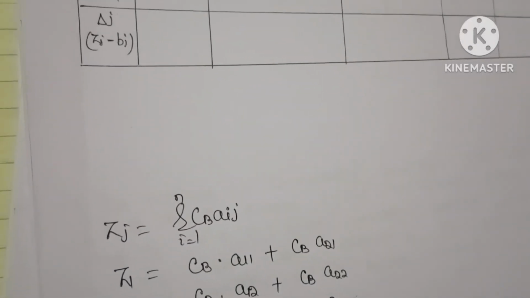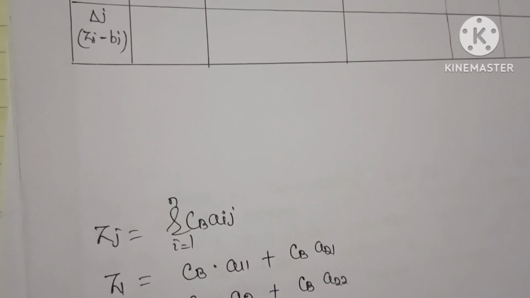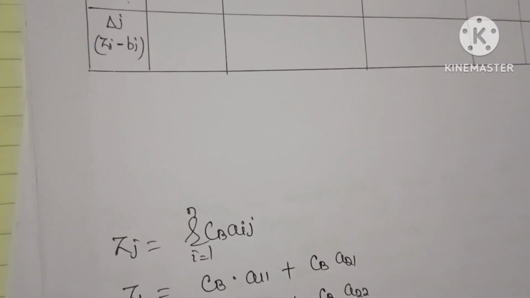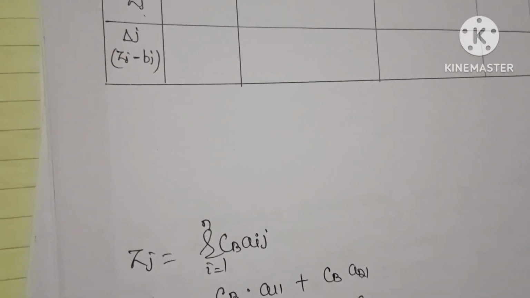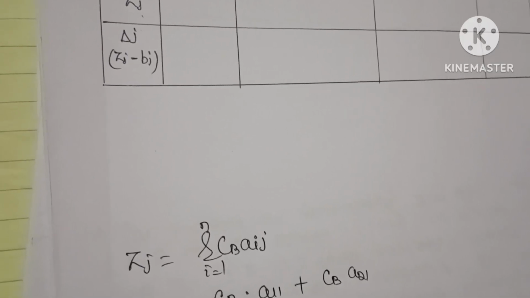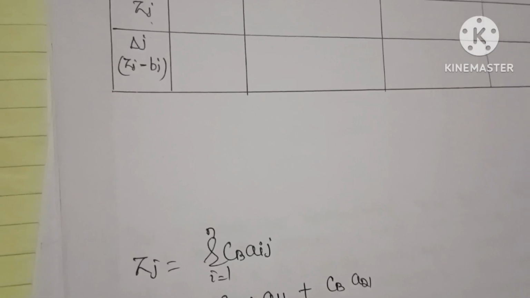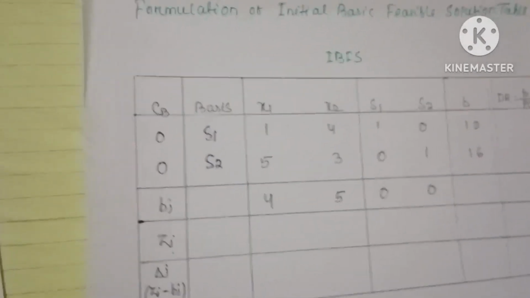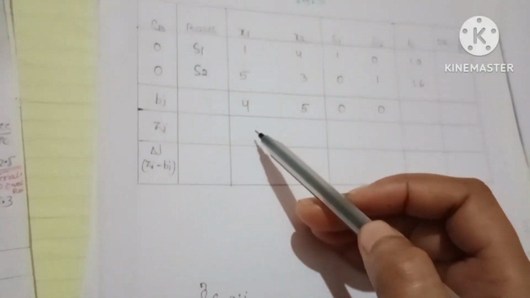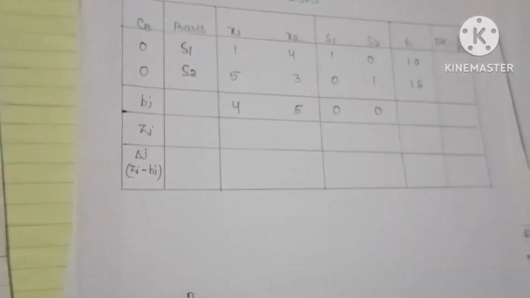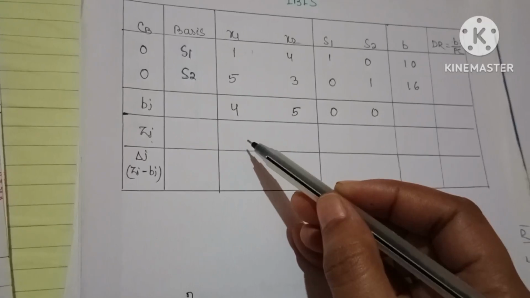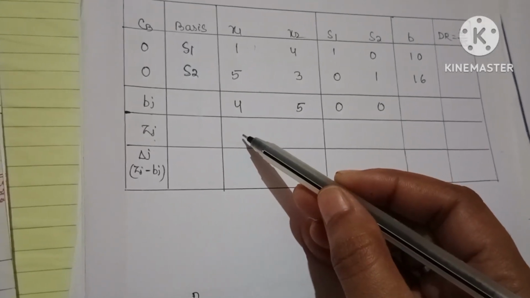Summation of cb into aij, that is the summation of the product of the coefficient of the current basic variable and the respective coefficient in that row. So how can we calculate that? See, z1, that means here, we'll calculate the value of z1.